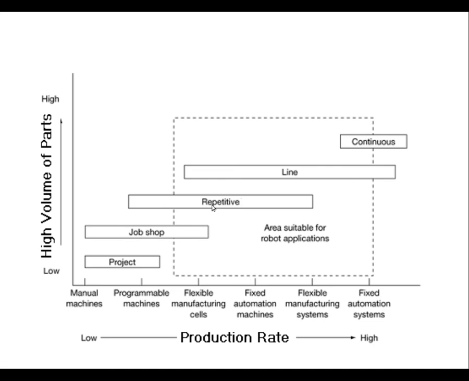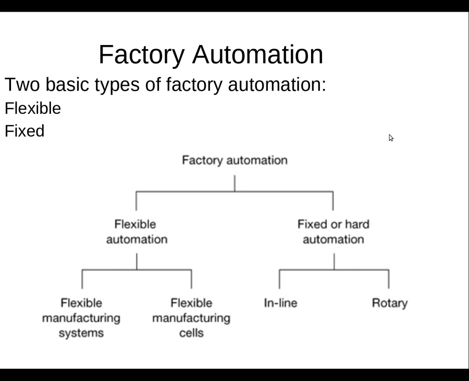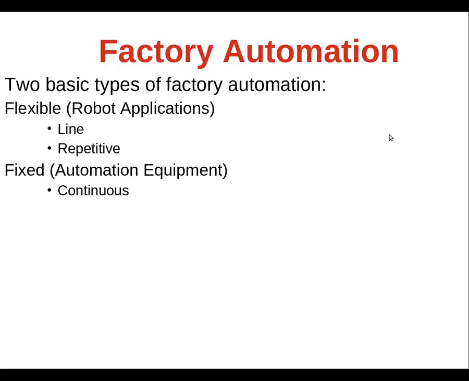Then we talked about the repetitive jobs. As you start doing the same sort of jobs over and over again, automation and robots really start coming in and helping justify their cost. And so we had the repetitive jobs and the line jobs. And then way up at the top, we had the continuous job. A continuous type job is more of a dedicated automation. So that's what we're looking at here, 2 types of automation.